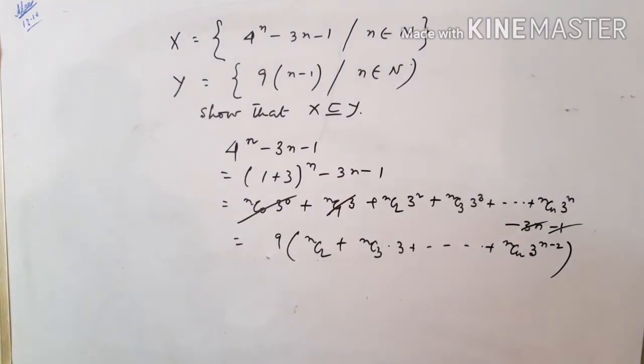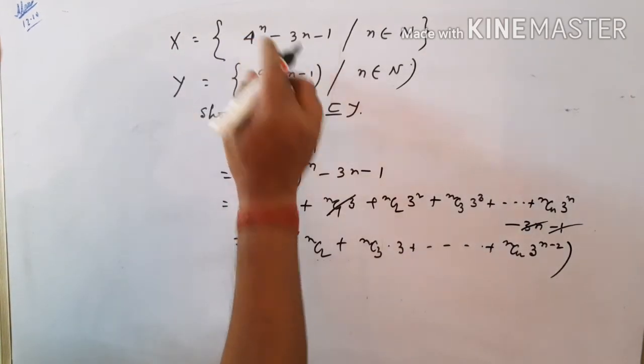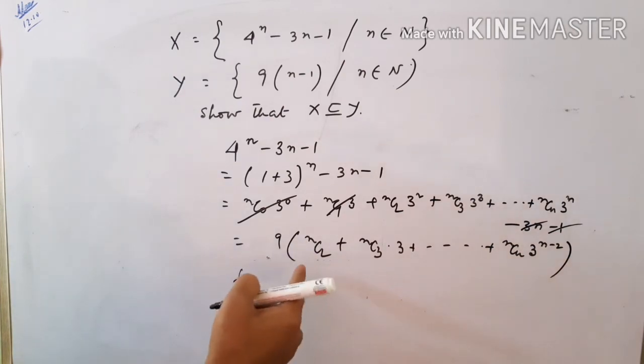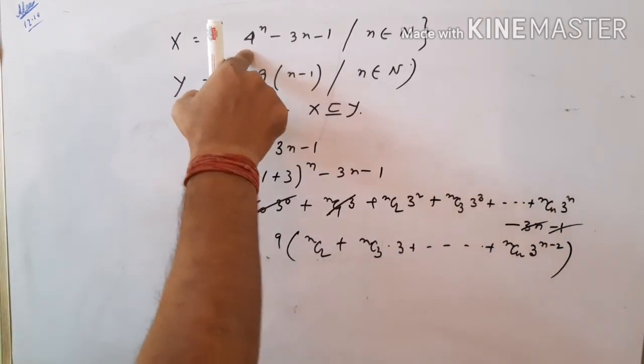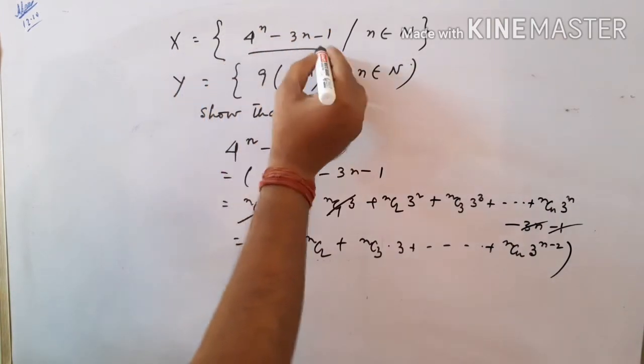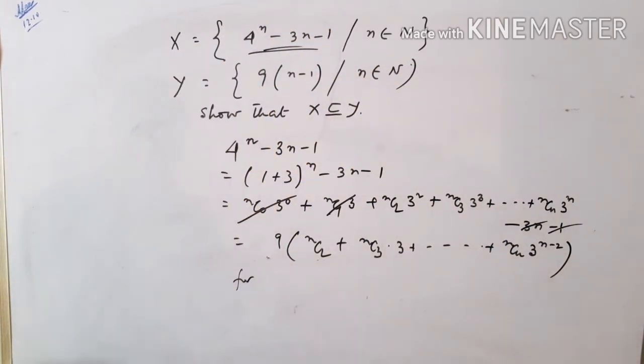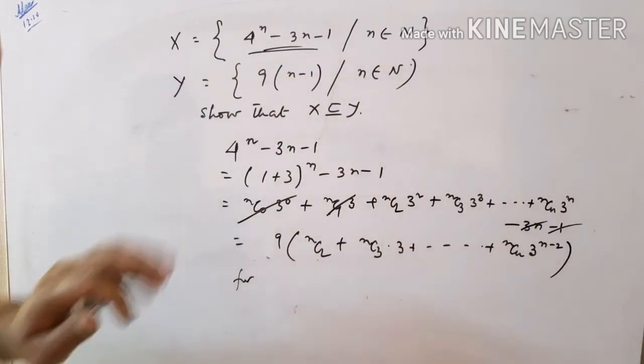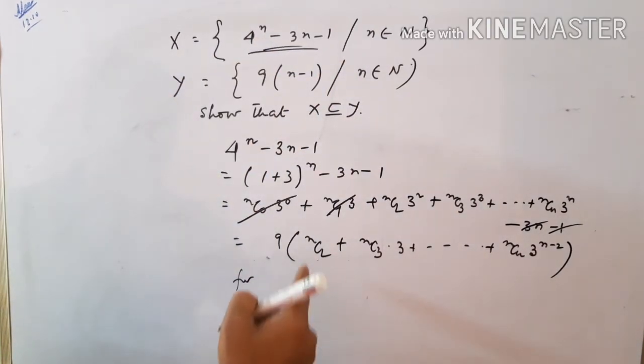Now see, for n equals 1, what is the value? 0. For n equals 1, in this general expression, if we put n equals 1, that is 4 minus 3 minus 1, we shall get 0. Now here we also get 0. How?